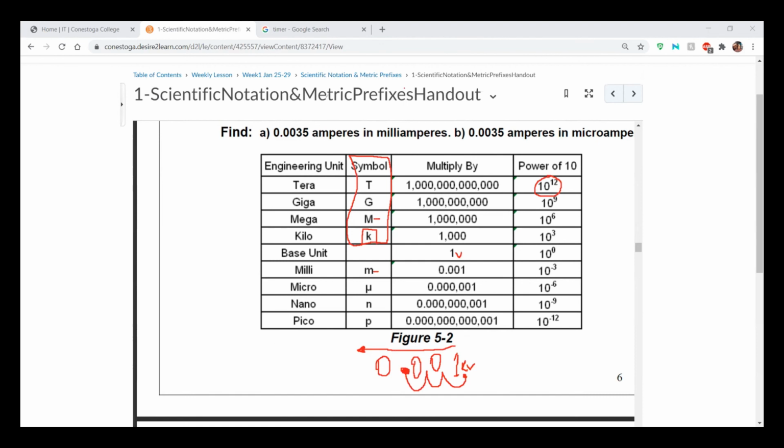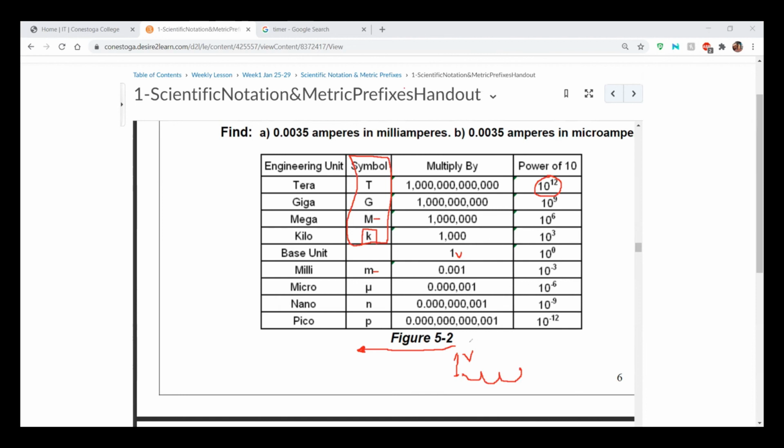Now let's say we take the same number, 1 volt, but now I want to express it as millivolts. In that instance, I take my decimal point, which is right here, and skip it 1, 2, and 3 spaces to the right.